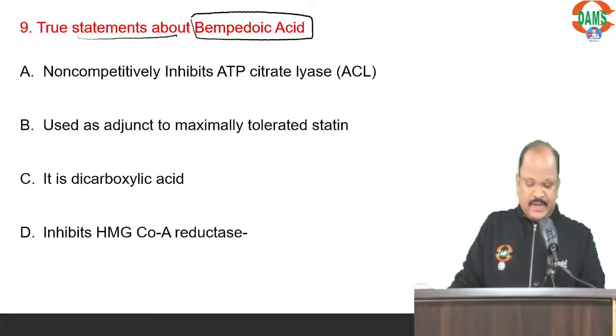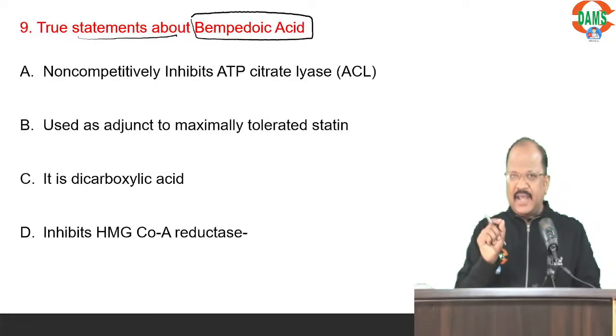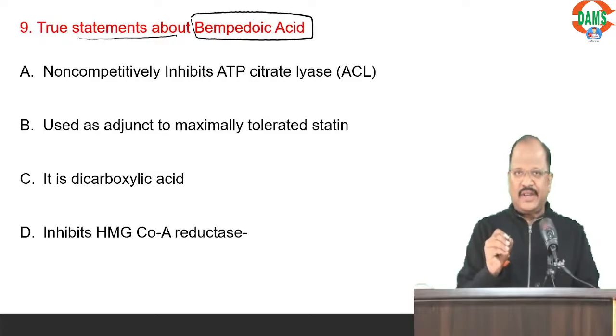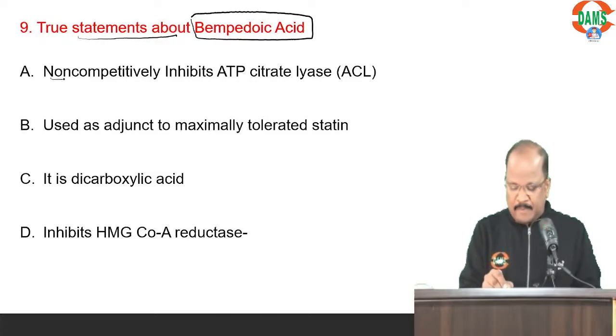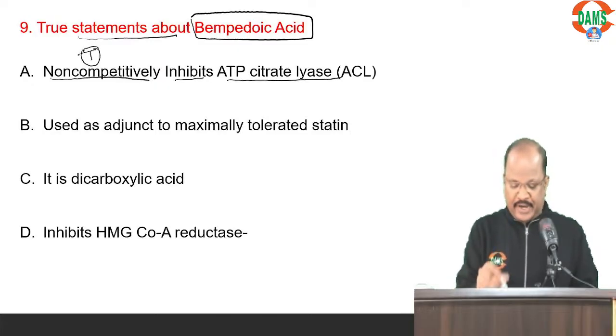The true statement regarding bempedoic acid is what? Come on. Bempedoic acid, a cholesterol lowering drug, true statement. I think it's a multiple response question. Look at the options. It's a non-competitive inhibitor of ATP citrate lyase. It's a true statement. Point one.